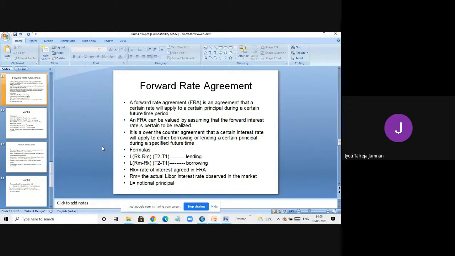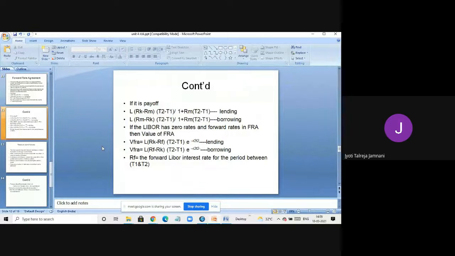I have agreed to take the loan at 5%, market rate is 6%. So I will gain as a borrower. Pranali will lose. But suppose I have agreed to take the loan at 5% and market rate is 4%. Then Pranali will gain, I will lose. So from the lender's point of view and the borrower's point of view, using the formula, we have done sums on how to find the cash flow of the forward rate agreement.